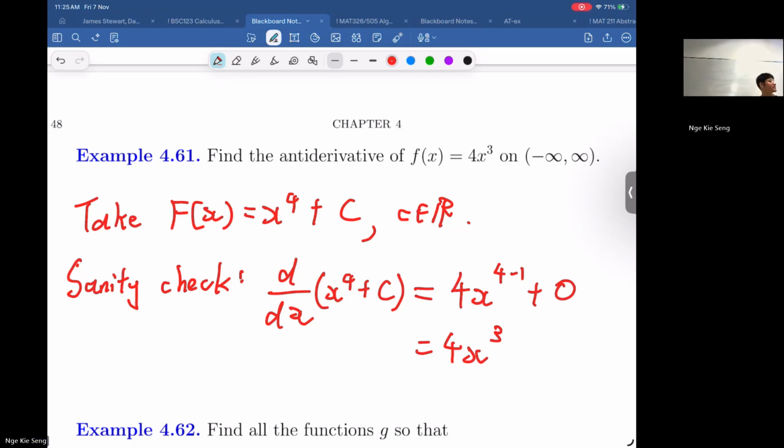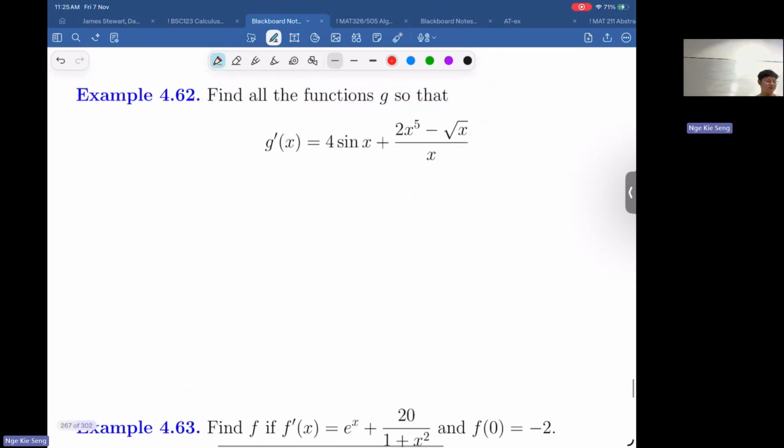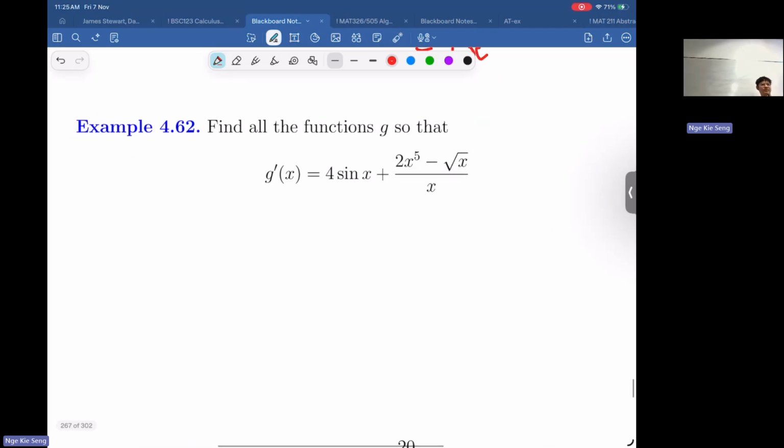Okay. How about the harder one? This one I'll give you longer time, a minute and a half. Okay, let's try.